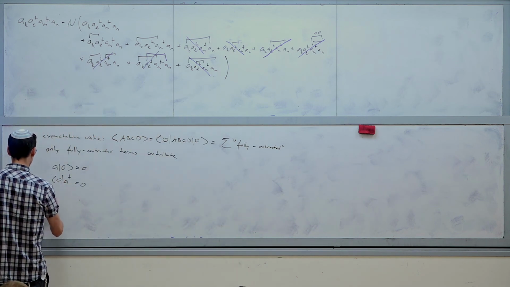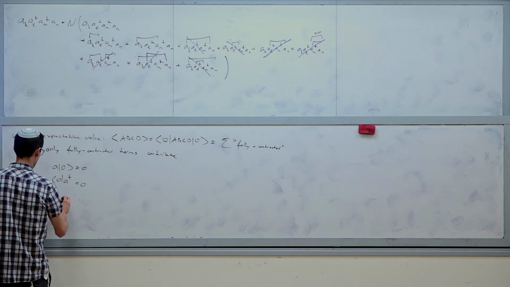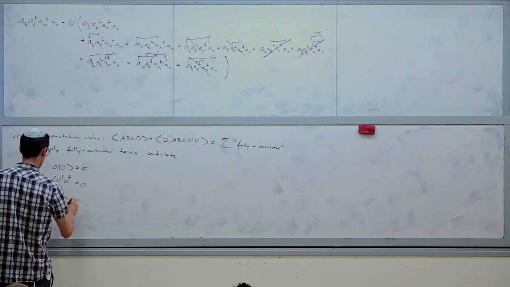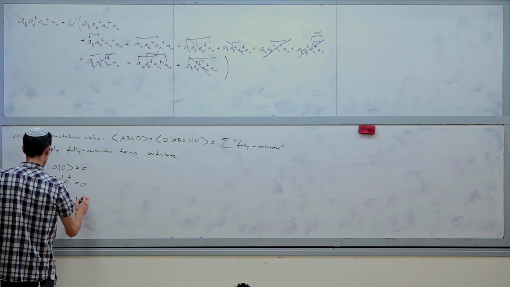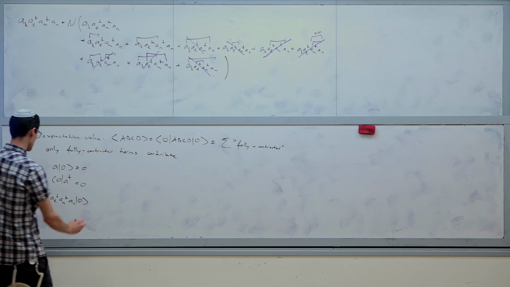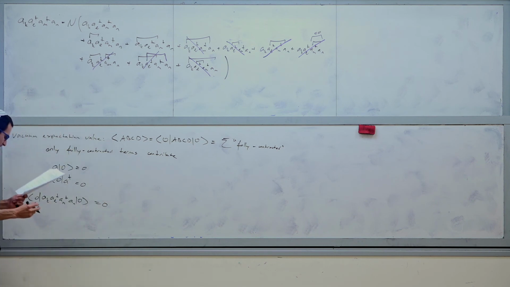For our example, AK, AL dagger, AM dagger, AN, this expectation value is equal to 0, and if you want you can check it by plugging it all in, but I trust that this is quite obvious.